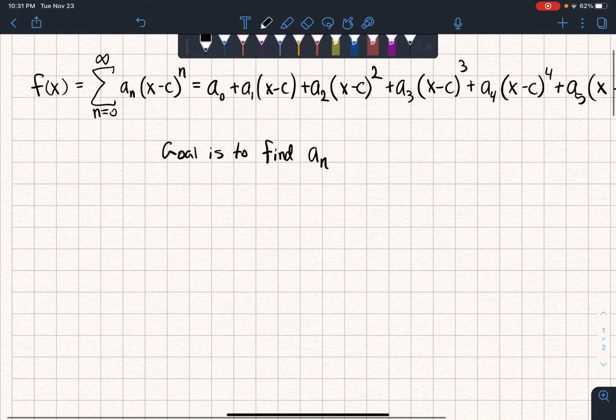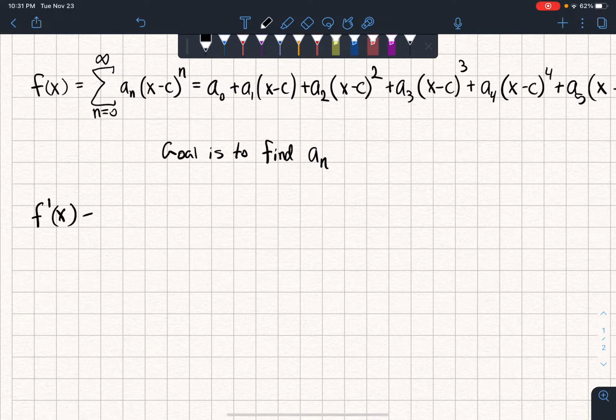So let's start off with f prime. So f prime of x equals, well, the a sub 0 is going to go away, and then we're basically just applying the power rule term by term.